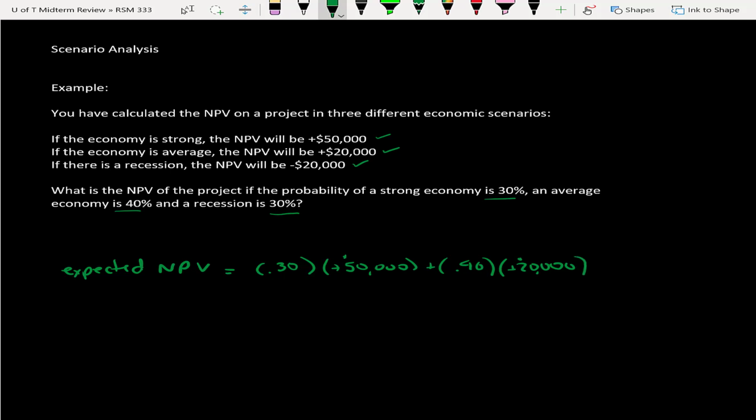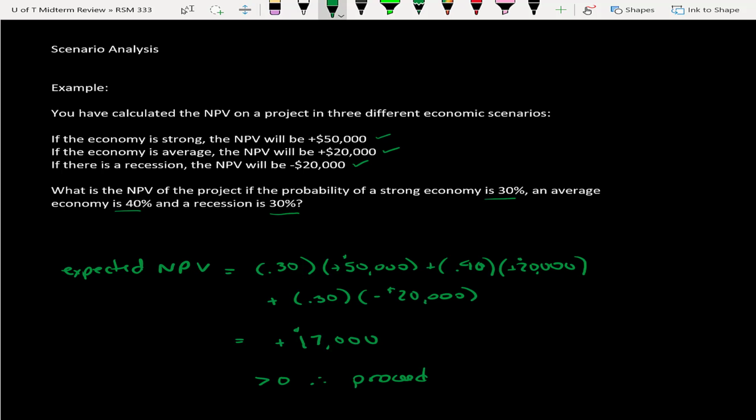And then we have a 30% chance of a recession, which will have a negative $20,000 NPV. So the expected NPV in this case is positive $17,000. Okay, so since it's greater than 0, therefore we proceed.